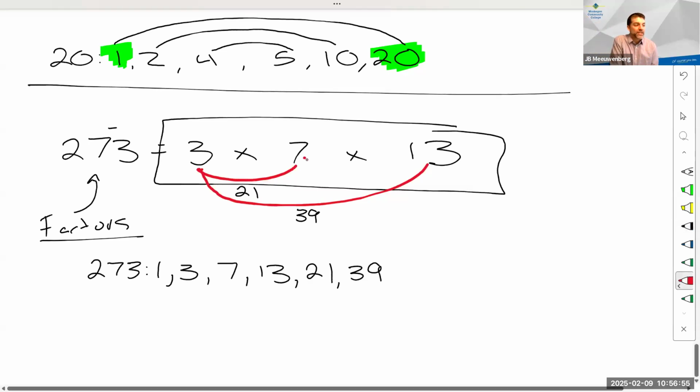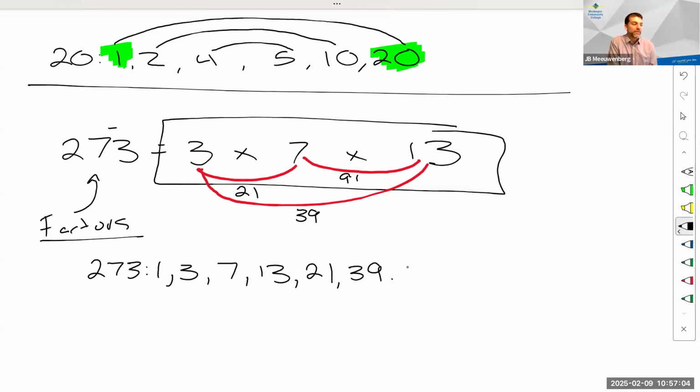And then finally, 7 times 13, which is 91, would also be a factor of 273. Those are all of the different combinations you can make with these 3 numbers, multiplying them in groups. And then, of course, the number itself is also always a factor, 273.